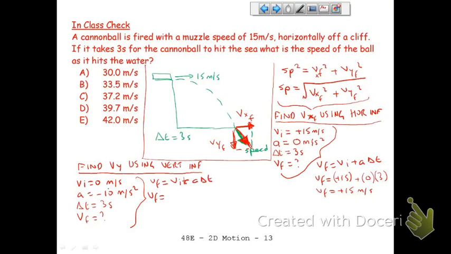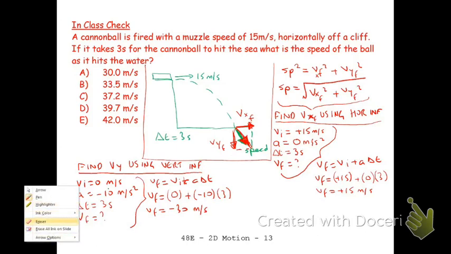Vf is equal to Vi plus a delta t. Vf is equal to 0 plus minus 10 times 3. Vf is equal to minus 30 meters per second.